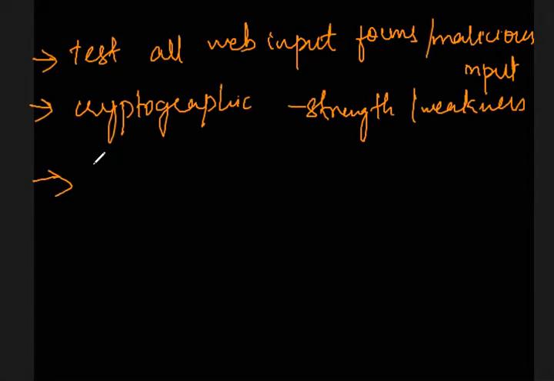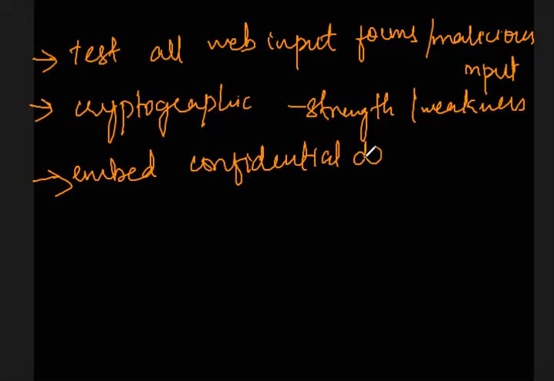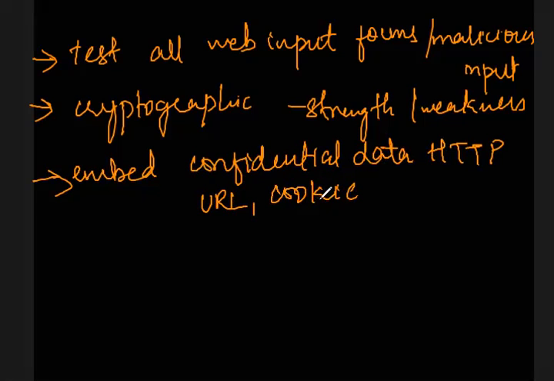And one more thing that you need to do is you should not embed any confidential data within the HTTP forms or the construction of the template, within the URLs or cookies. You should not have any confidential data.